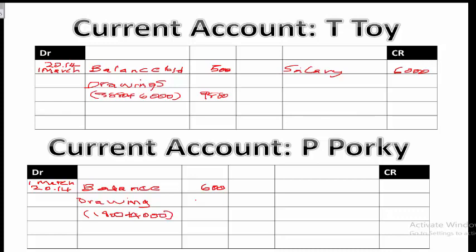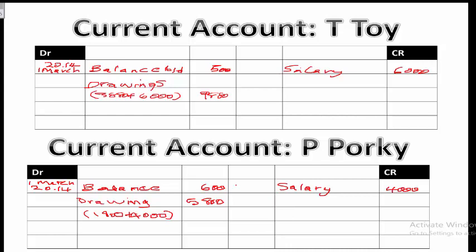So we therefore have 5,800. After having done this, we need to also realize that we had salary, which was paid for the year of 4,000. For you to get a salary of 4,000 means that it's a very, very small partnership.